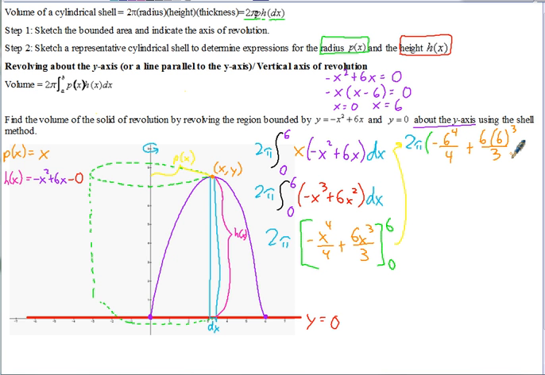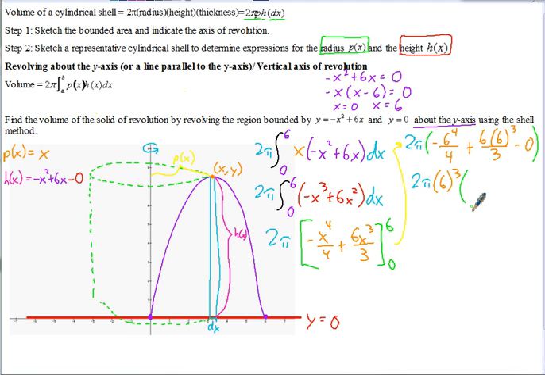And you plug in 6, and then when you plug in 0, you just get 0 on both of those. So to figure this out more easily without your calculator, there's a couple of different ways you can do this. Along with the 2 pi, 6 to the 4th is pretty big, so I'm just going to pull out 6 cubed, factor that out of both terms, so I can figure that out more easily.